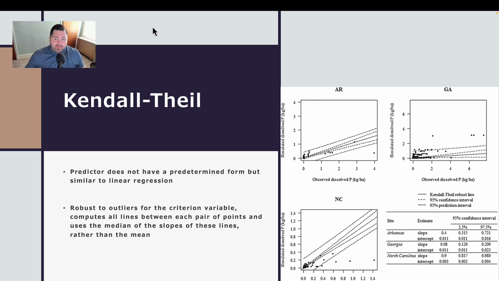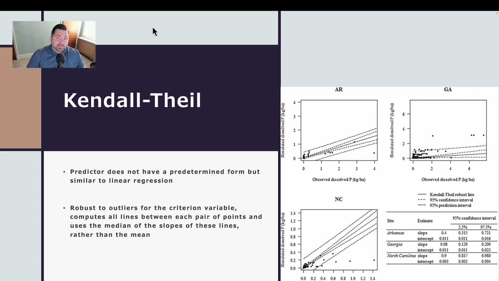The nice thing about this kind of procedure is that it's what's called robust to outliers. So even if you have some variables that are 2 and 3 standard deviations beyond the mean, throwing your scatter plots off, it's robust to having those data included in the analysis, meaning having the outlier doesn't significantly throw off the line of best fit in a Kendall-Theil statistic.